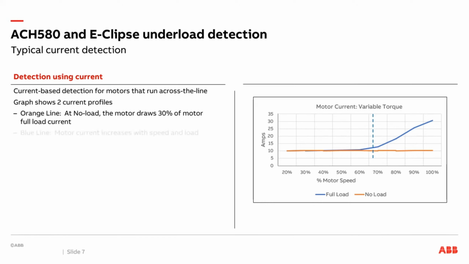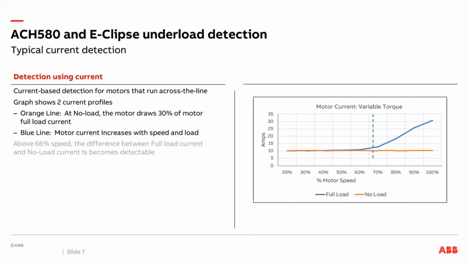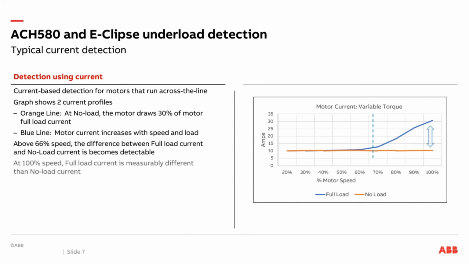The blue line displays how current changes as the motor increases in both speed and load, and until the speed is above 66%, the difference is hardly detectable. The arrow on the far right shows a large difference between full load and no load.